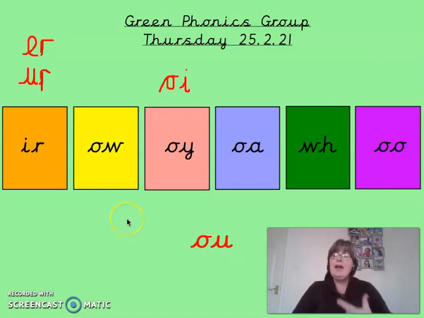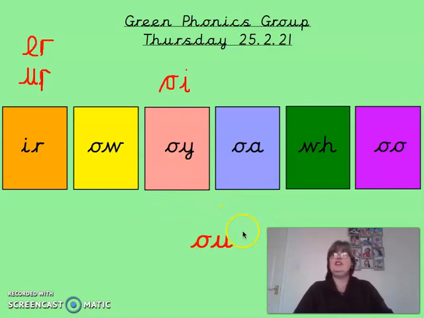So if our ow sound is at the end of a word, always pick this one. It doesn't mean that it won't sometimes be in the middle or at the beginning of a word, but if it's at the end of the word, always choose this one because you will nearly always be right. Okay, this one can be at the beginning or the middle of a word, but it's very rarely at the end.